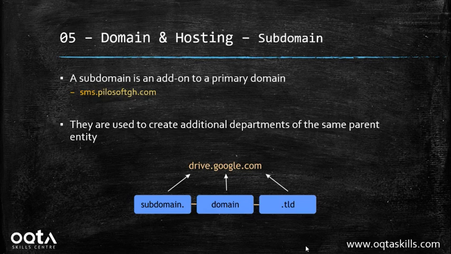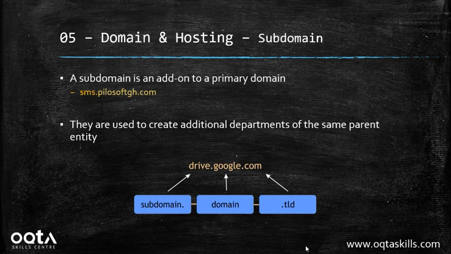They wouldn't have to go and get a new domain, which they can, but to keep things simple and not spend extra to get their SMS service online, they can choose to go with a subdomain.